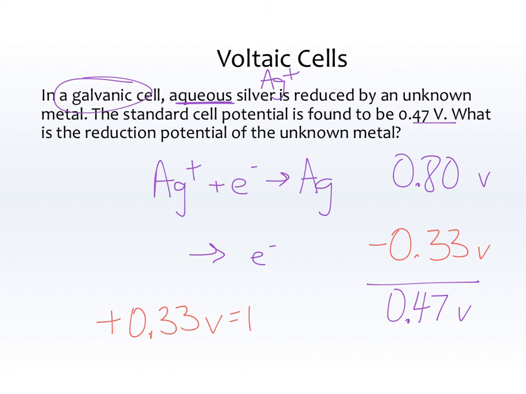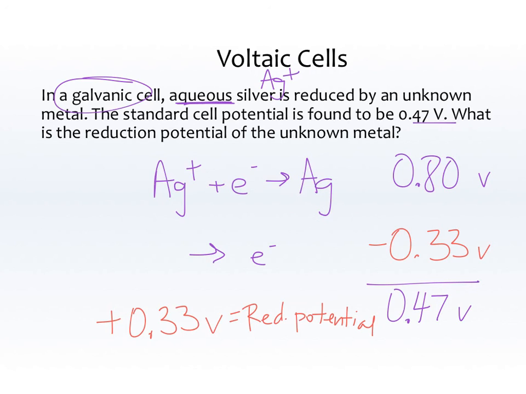That is its reduction potential. That is a positive number for its reduction potential. This negative number, the negative 0.33, is the oxidation potential with the electron on the right-hand side.